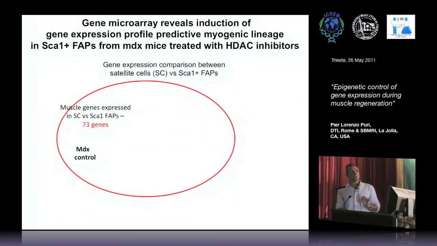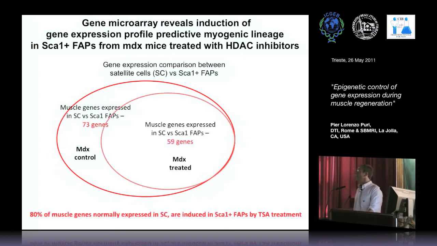And most interestingly, when these cells isolated from dystrophic muscles were compared to satellite cells, we found that in MDX treated with TSA, the number of genes that were corresponding to the genes that are usually expressed by satellite cells became close to 100%.